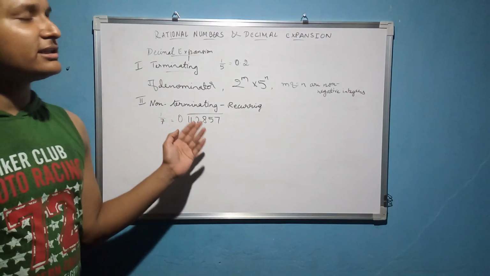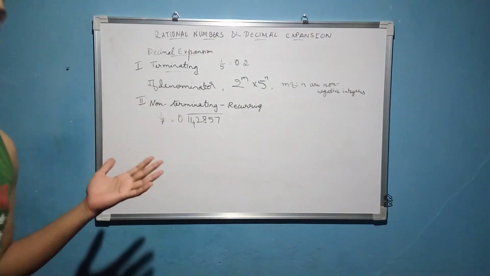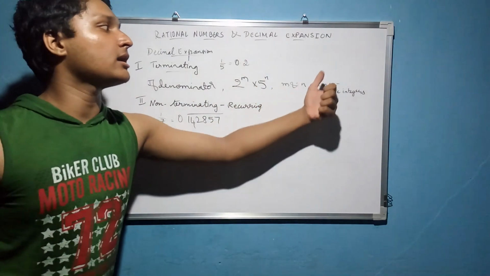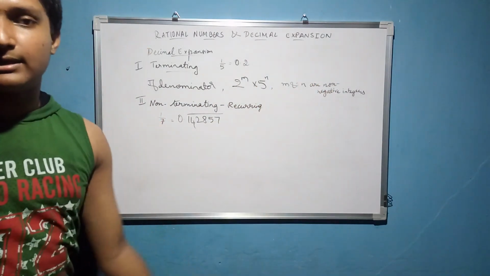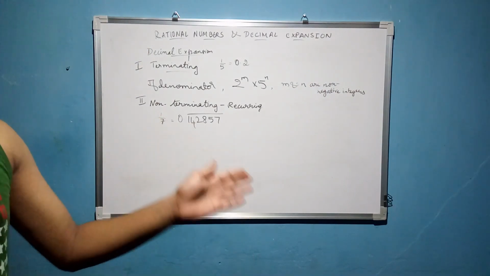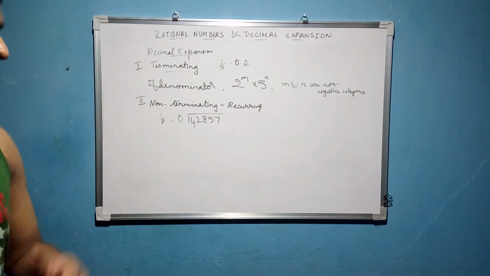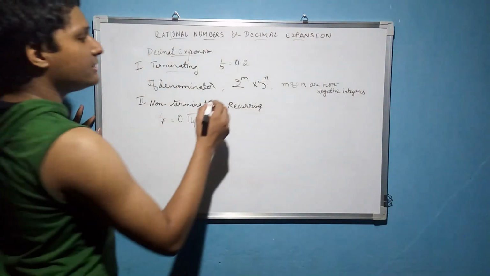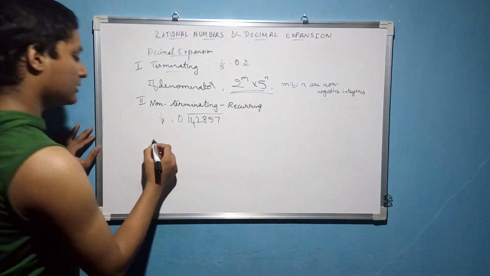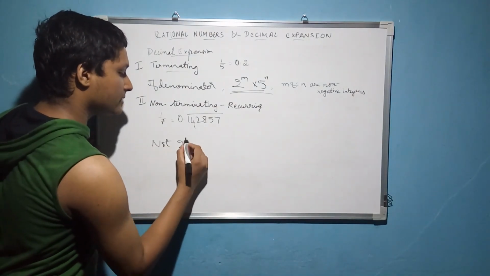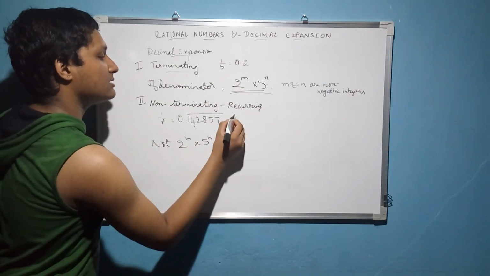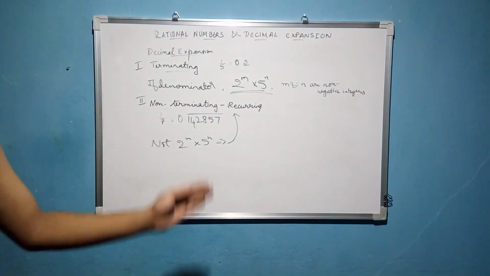If the denominator of the given fraction or rational number is of the form 2 raised to m into 5 raised to n, where m and n are non-negative integers, which can be 0, 1, 2, 3, 4 and so many other numbers like that, then it becomes terminating. If it is not 2 raised to m into 5 raised to n, then it is non-terminating recurring.